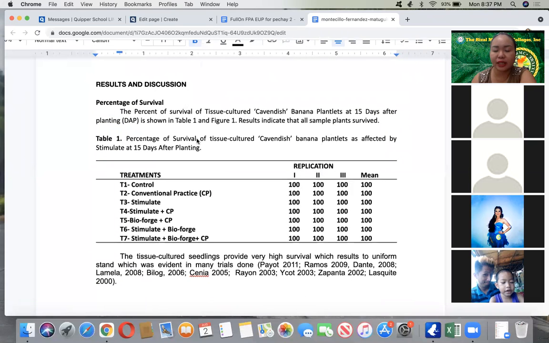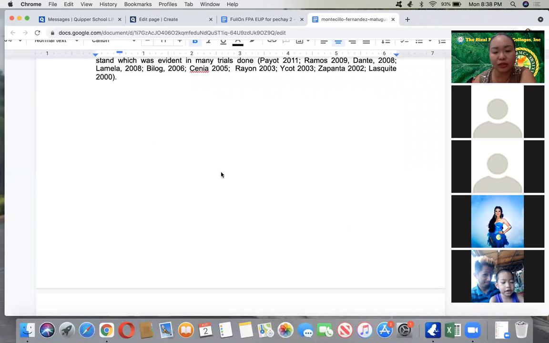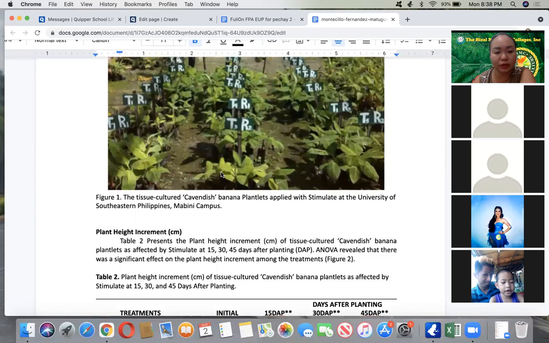In this paper we talk about percentage of survival. In the first sentence, you first describe what you are studying and where you can show the data. So you say here, the percent survival of tissue culture Cavendish banana plantlets at 15 days after planting is shown in table 1, and also we have figure 1.